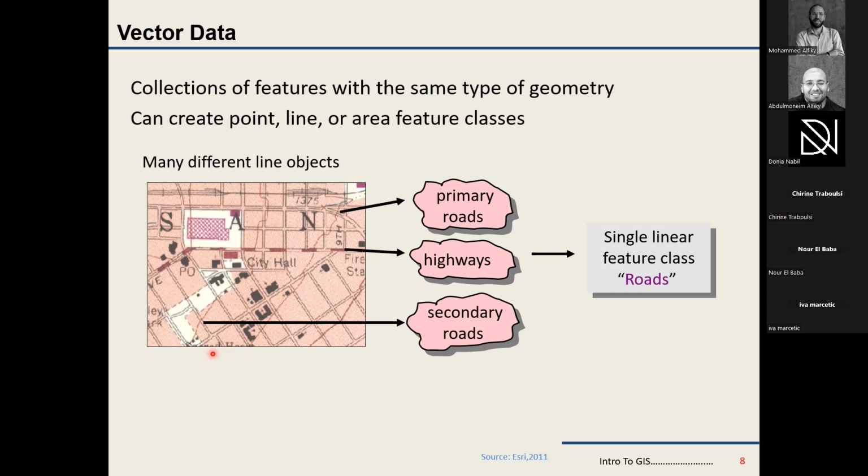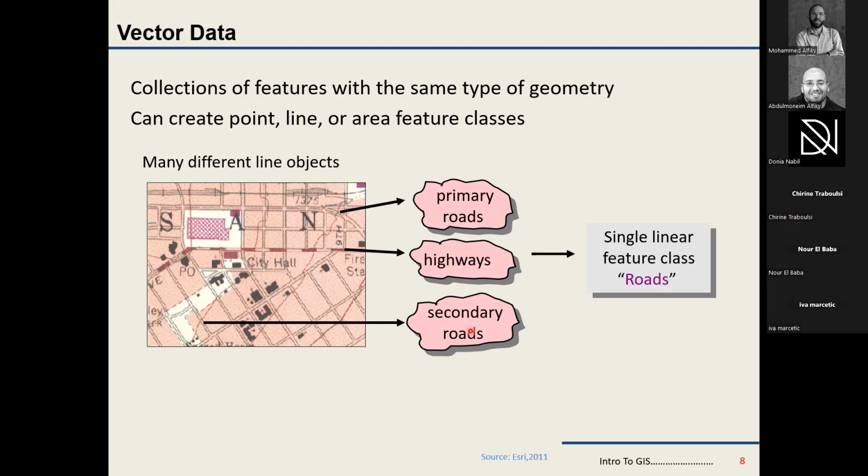So when we say, for example, I want to make a feature class about the streets. This is the part of the city, and we're making a feature class for all the different streets inside of it, we call it roads, and inside of it we are dividing the roads based on the hierarchy. So I have primary, highway, and secondary roads.